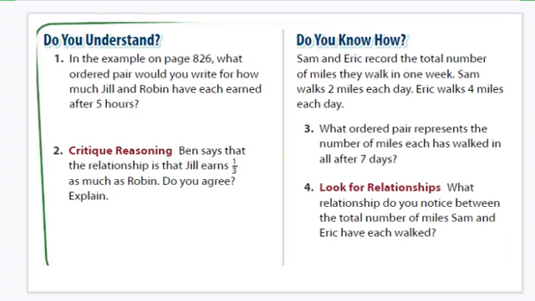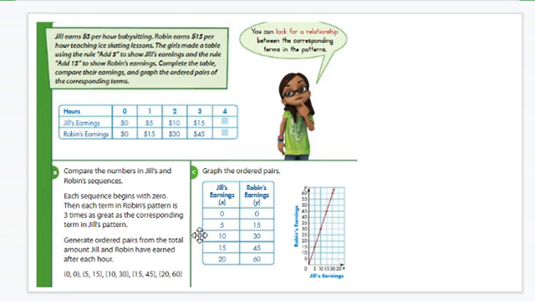All right, now the classwork is dealing with this problem as well, but I'm going to have to kind of switch back and forth. So it says, on this example, what ordered pair would you write for how much Jill and Robin have each earned after 5 hours? So let's go back over here. We said that at 4, it was 20 and 60.